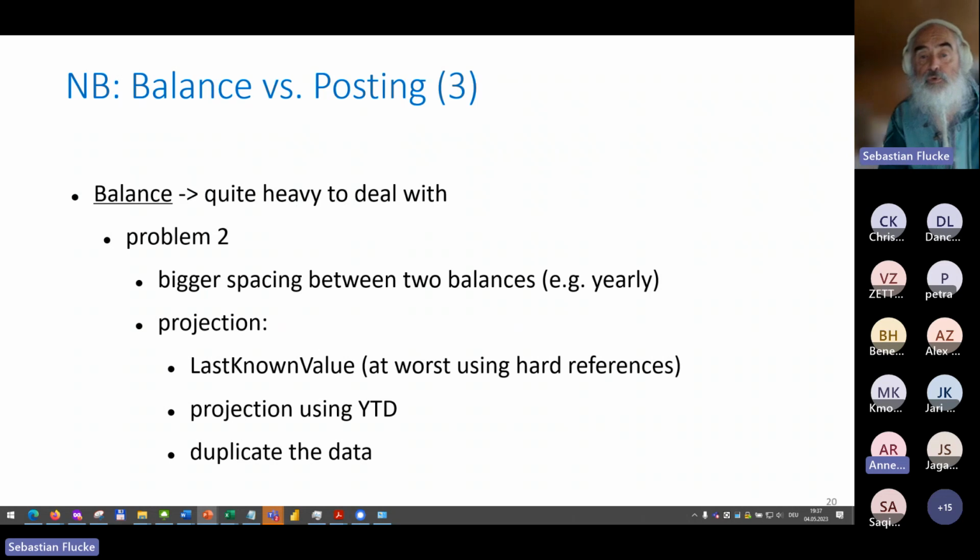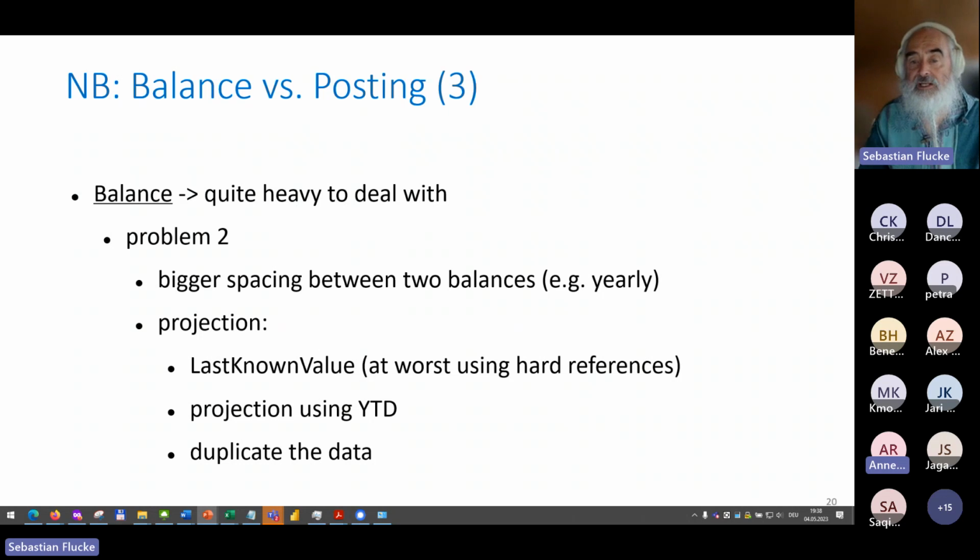The second problem we may have is a big spacing between two balances. I had to work on a project at the beginning of this year.